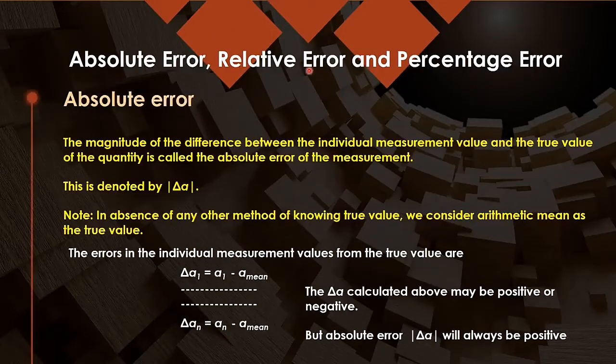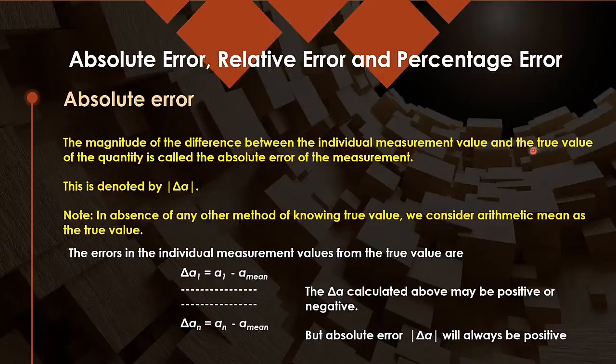Now, when we discuss various numericals, you should keep these things in mind very particularly. One is absolute error. Absolute error is when you take many measurements and you know the true value.